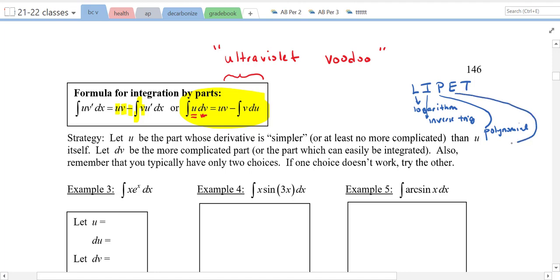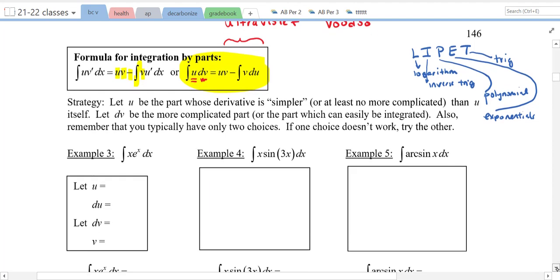Then finally, E stands for exponents or exponentials, right? And then finally, T, you guessed it, trig. Trig is the last thing you should choose for u, because usually taking the antiderivative of trig is not too bad. Okay, so ultraviolet voodoo and LIPET, those are what you need to know for integration by parts.